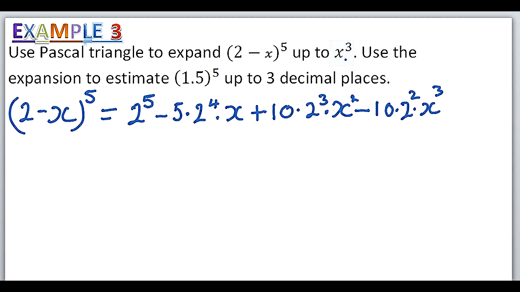So we are told to go up to x cubed, so you stop there, but you can continue, but the condition given you have to satisfy.